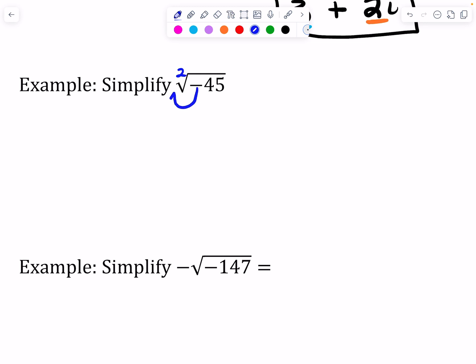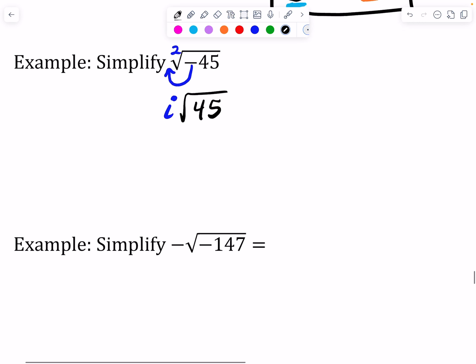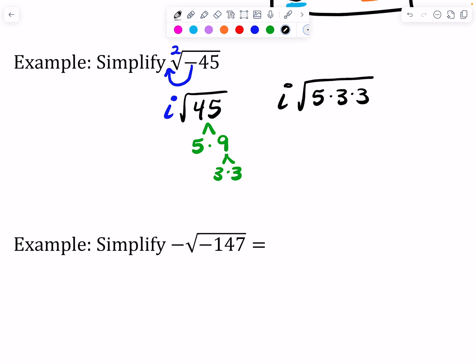This negative is going to come out and it's going to turn into an I in front, and then we're still going to be left with positive 45 underneath our radical. Now, if you're still breaking this down using a factor tree, it's going to be 5 times 9 and 3 times 3. So we have I square root of 5 times 3 times 3.